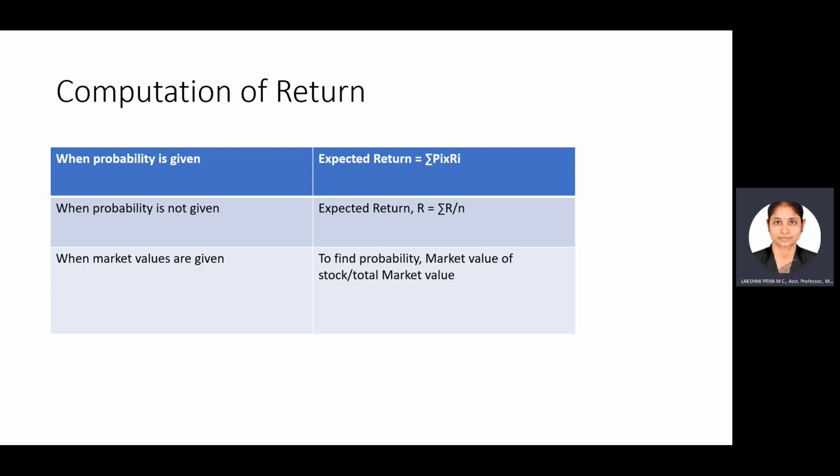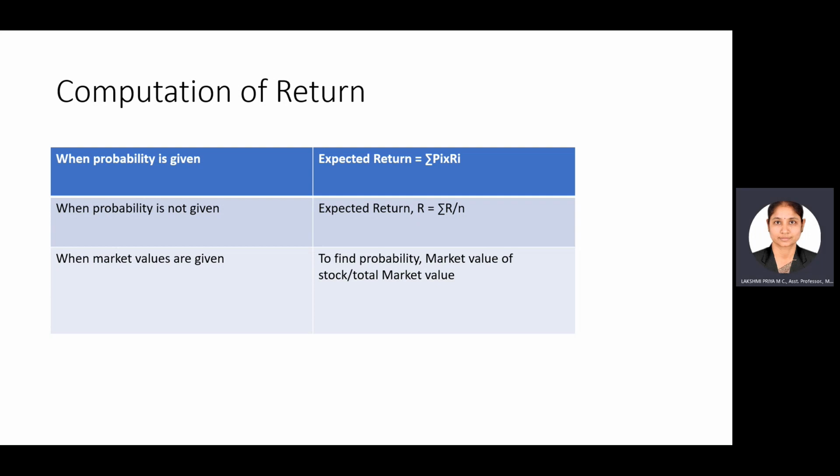is not given. When probability is not given and only expected returns of different time periods are given, then the expected return could be calculated by using the formula R is equal to summation R by N. There are also other situations where you need to calculate the expected return, where market values are given.